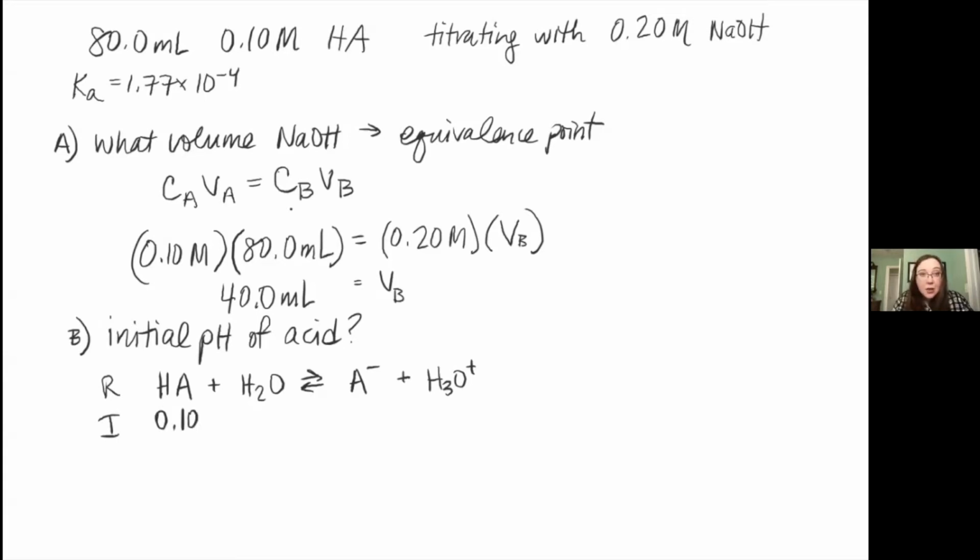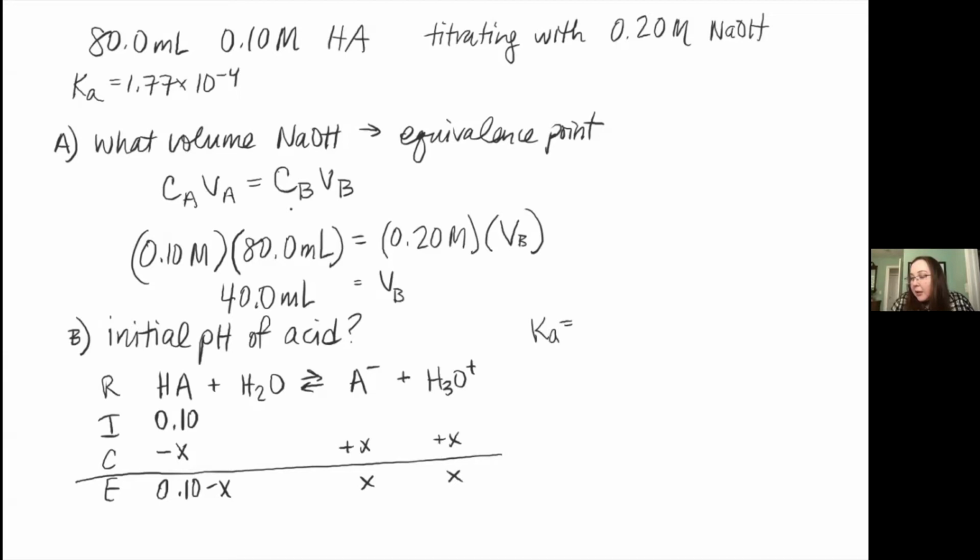We always use concentration in our RICE tables and moles in our BCA tables. So here a little bit of this is going to dissociate. It's going to make some of the conjugate base. It's going to make some of the H3O+. And we're going to get Ka equals 1.77 times 10 to the minus 4, and that's x squared over 0.1 minus x.